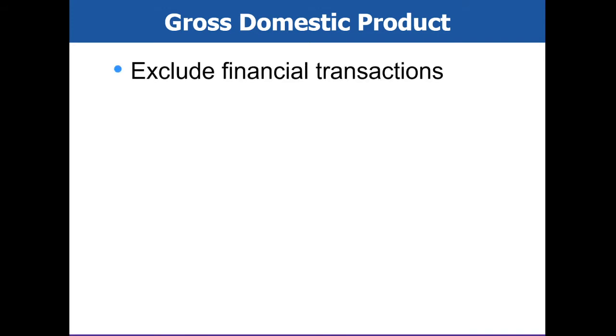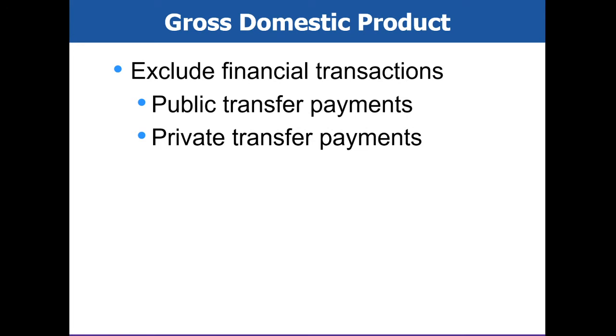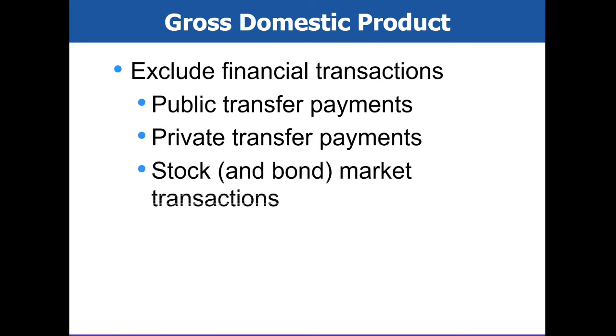All right. So when we're looking at this, we want to also exclude financial transactions. What I mean by financial transactions, we mean public transfer payments, welfare, social security, things like that do not count in GDP. Private transfer payments. Okay, any financial transaction, stocks, bonds, things like those.